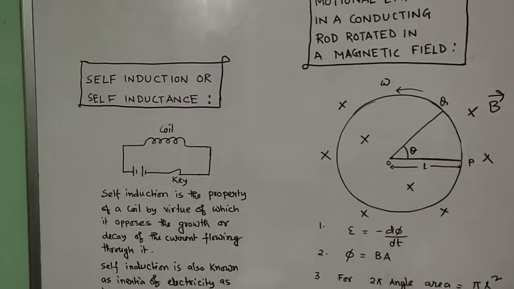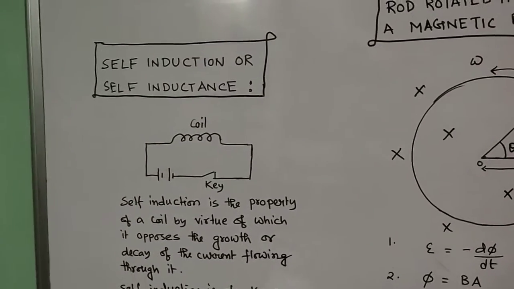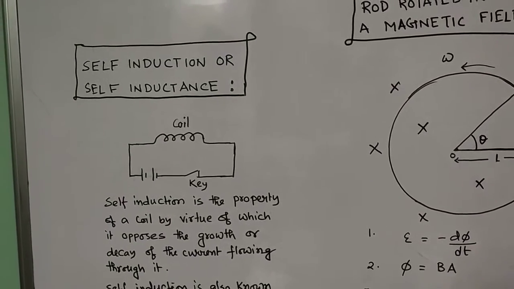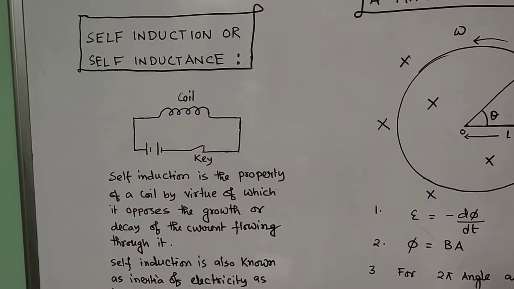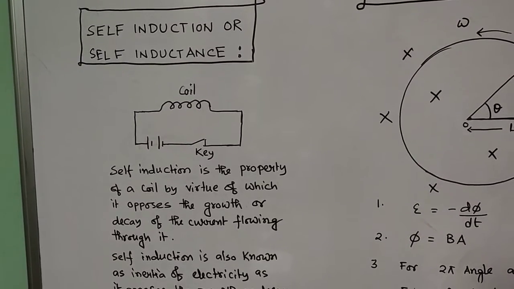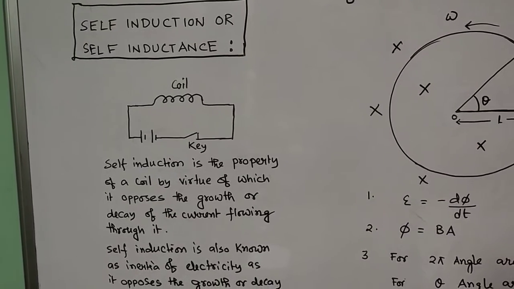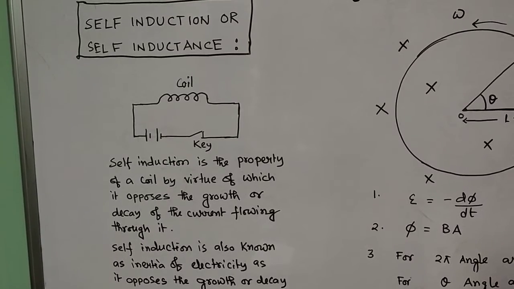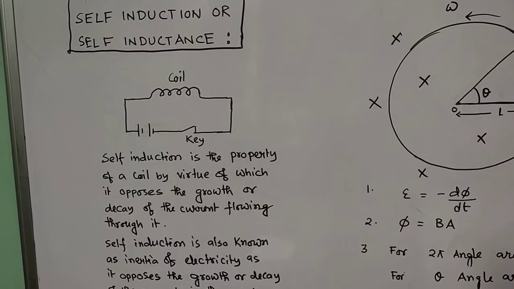Now next topic, let me go for this one, self-induction or self-inductance. Before going to the definition, this is the circuit diagram. It's a coil and the source is there and a key K. Now when you close the key K, what happens? Current starts rising. So this increase in current increases the magnetic flux.